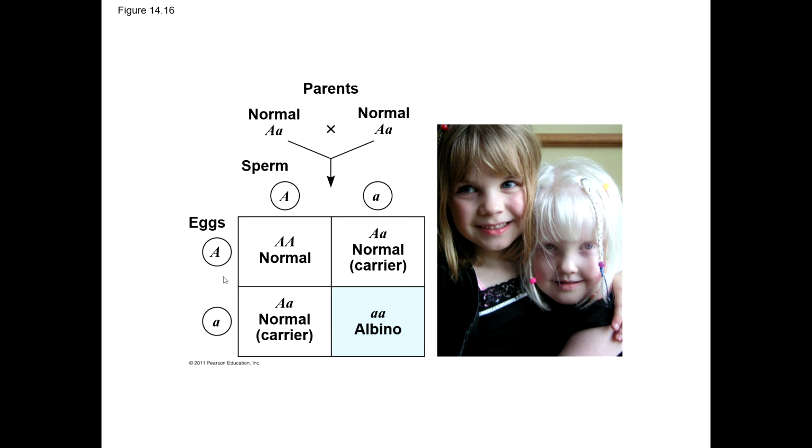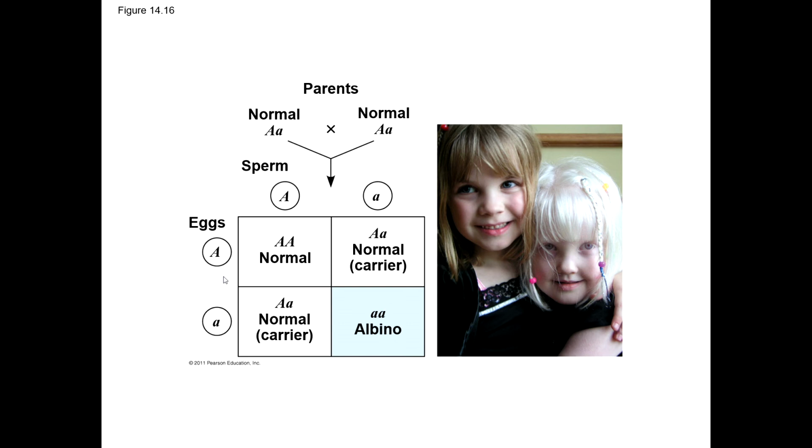So these are looking at autosomal recessive disorders. Okay, so you put down a big A and little a, but since it's recessive, little a is going to be faulty and big A is going to be normal.